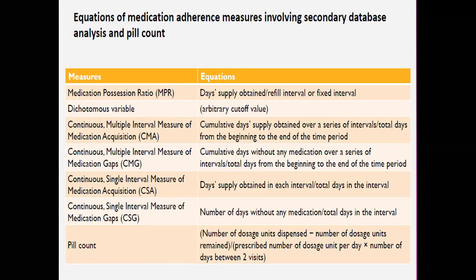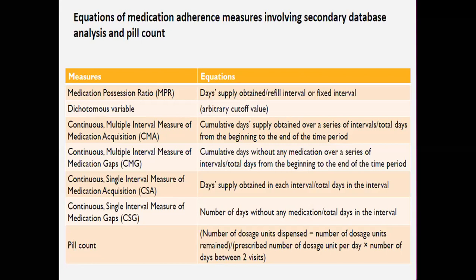That is acquisition: a simple cumulative addition of days divided by daily dose. Simple calculations. Another measure is the continuous multiple interval measure of medication gaps, meaning whatever gaps you identify, you measure. Similarly, the continuous single interval measure of medication acquisition relates to single dose skipping, and the continuous single interval measure of medication gap.